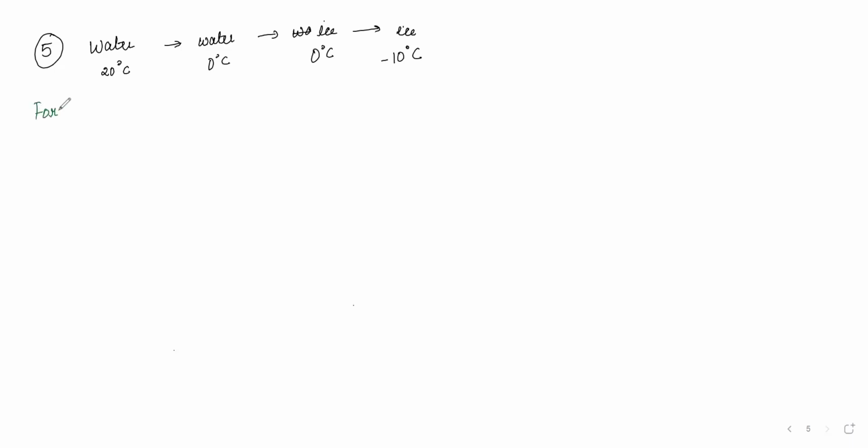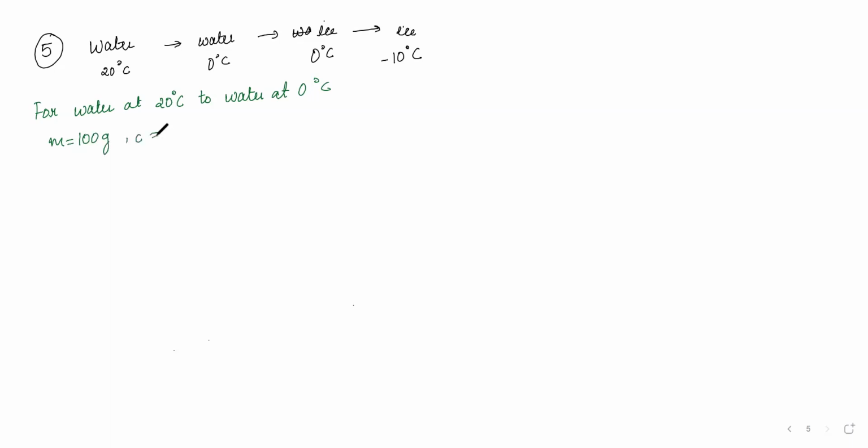For water at 20 degrees Celsius to water at 0 degrees Celsius. What is the mass? First of all, mass has been given as 100 grams. And then what is the specific heat capacity?